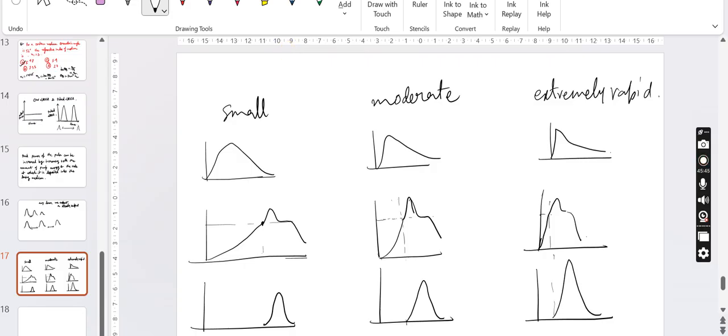Peak power is much more. So this is the laser output, this is population inversion, and this is pump power.